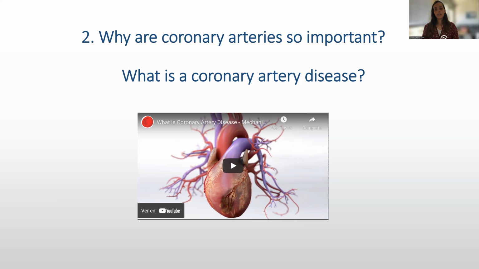And this thickening, called arteriosclerosis, narrows the arteries and can slow or block blood flow to the heart. The American Heart Association estimates that more than 16 million Americans suffer from coronary artery disease, the leading cause of death in both men and women in the US.